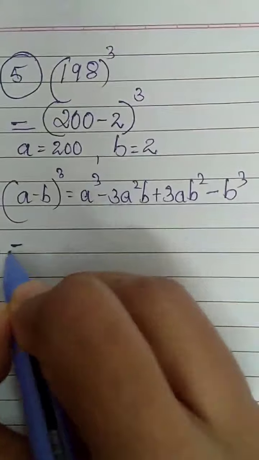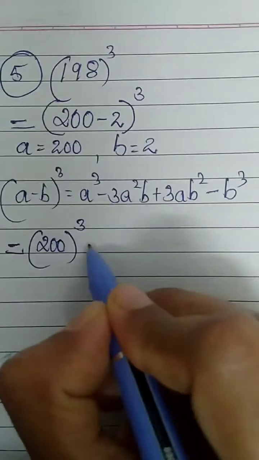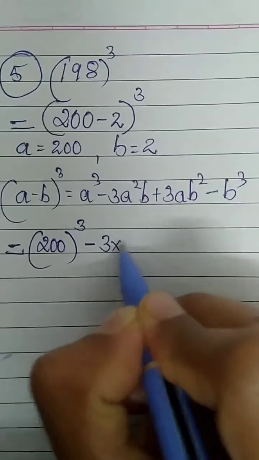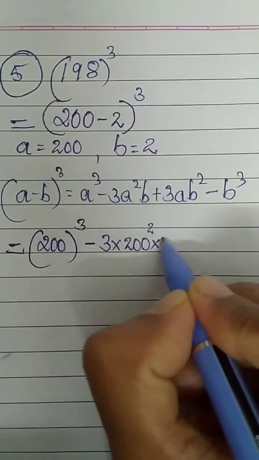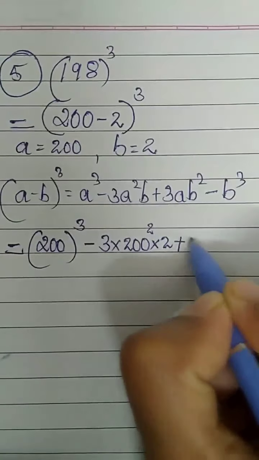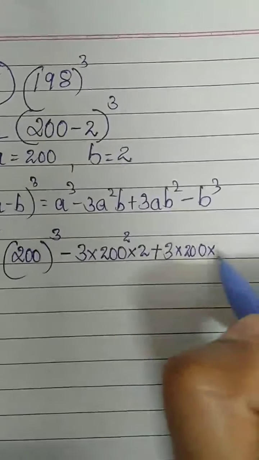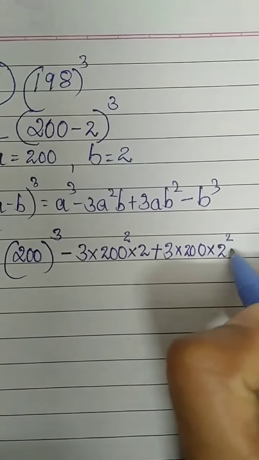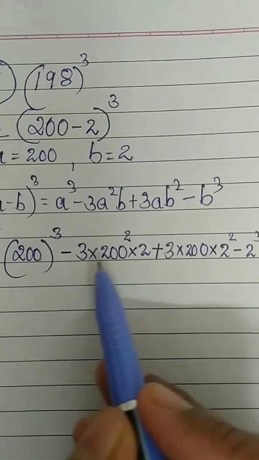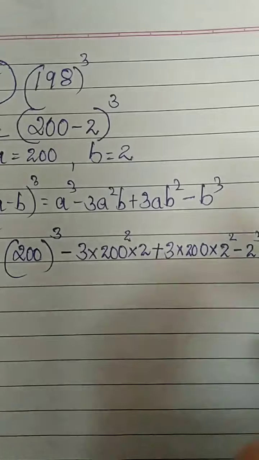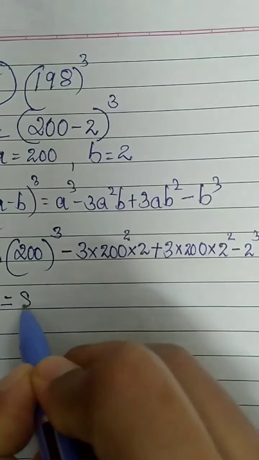So in place of A we will put 200 the whole cube, minus 3 into 200 square into B, which is 2, plus 3 into 200 only one time, into 2 square, minus 2 cube. Check once. Okay, 3A square B, 3AB square. Okay. Now 2 into 2 into 2 is 8.